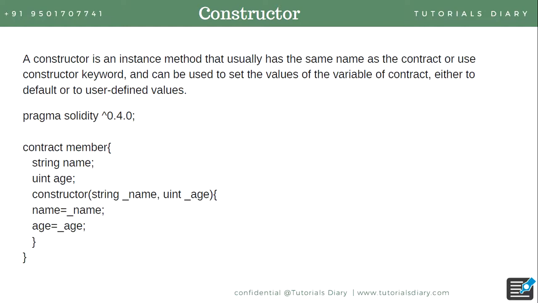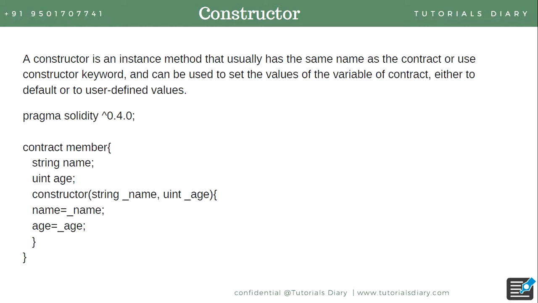But at a very high level, a constructor is just a function in the smart contract which helps you initialize your variables, if you have any. Let's suppose in this example we are taking a contract Member which has name and age.